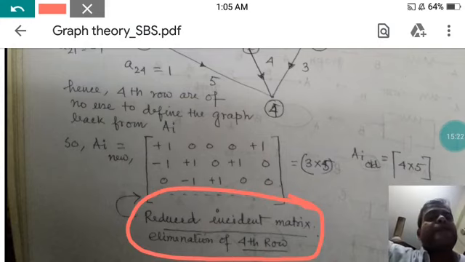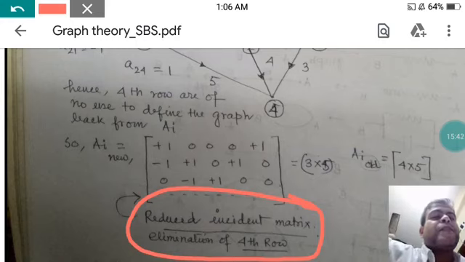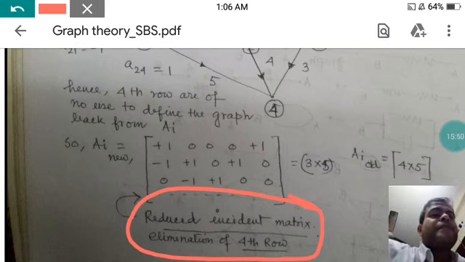If you are considering one more row or two more rows in a particular circuit, then it may be quite bulky to calculate the other parameters of the circuit. So if one row or two rows are omitted, the size will be quite squeezed, so it is easy to handle. So in a way, the reduced incidence matrix may be created by the deletion of one row. Maybe in some cases I have seen that more than one row can be deleted to make one reduced incidence matrix.